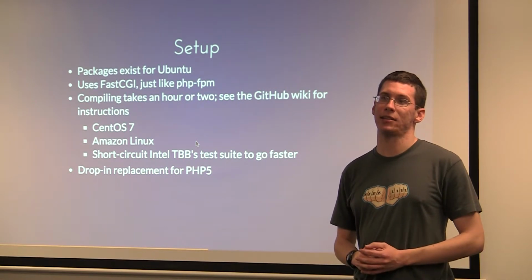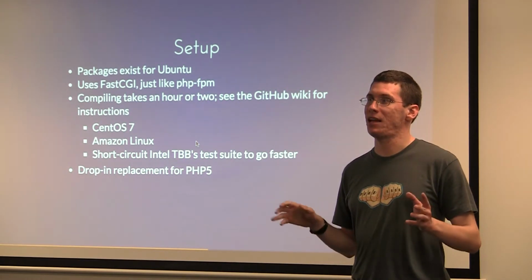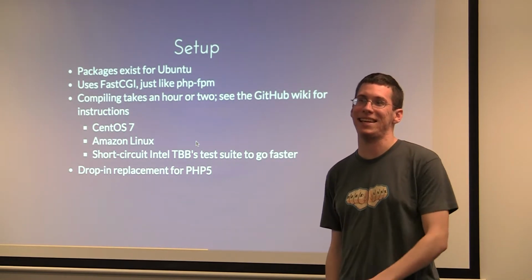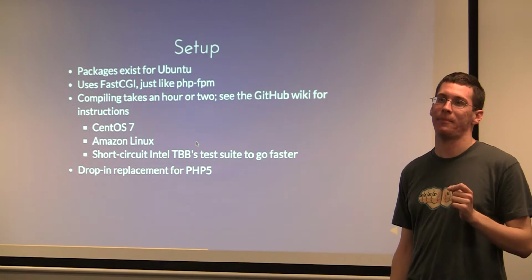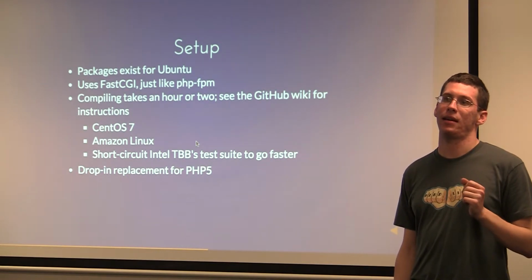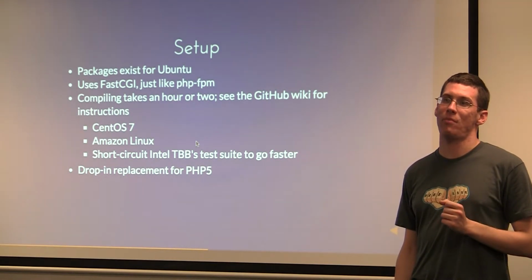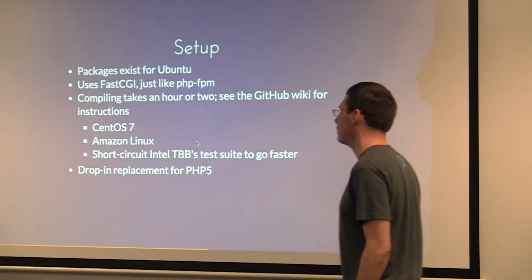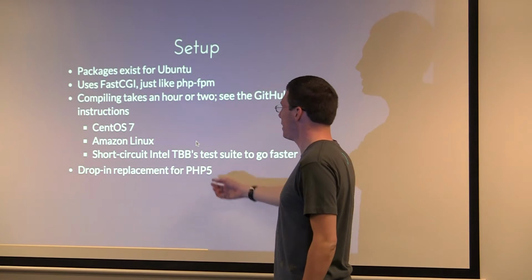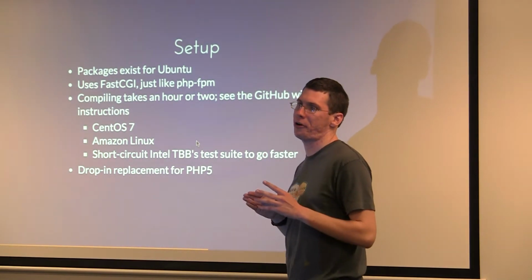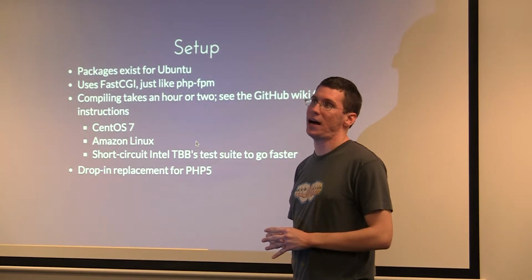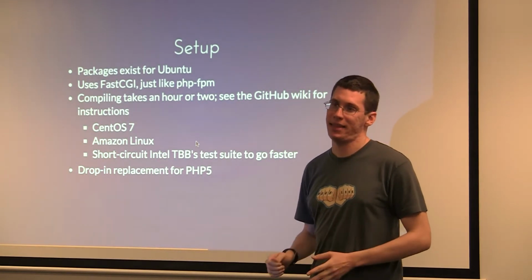There's also the excellent Puppet, whatever you want to call it, PuPHPet website, where you can build a VM with, among other things, HHVM installed. So again, for 99% of cases, you can swap this out for PHP-FPM and things will just work.